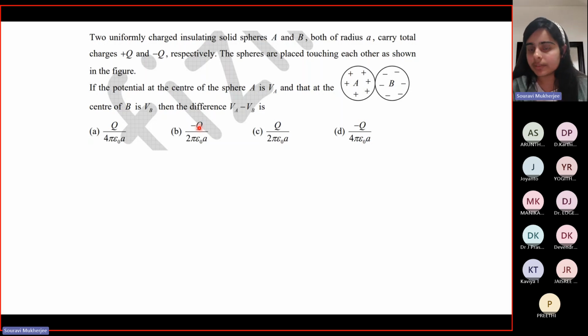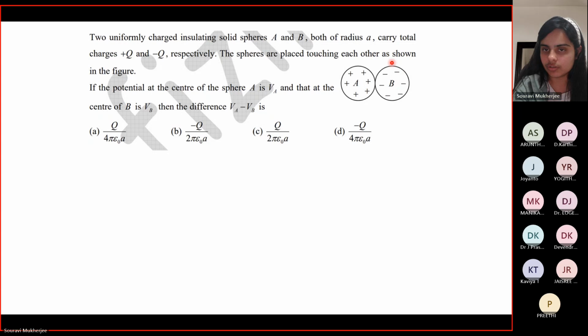It's important to remember that potential is a scalar quantity, and it satisfies the superposition principle. That means if you want to find the potential at the center of sphere A, you will have a potential because of the charge of sphere A, and also a potential because of the charge of sphere B. So can you try to tell me what the expression for VA will look like?